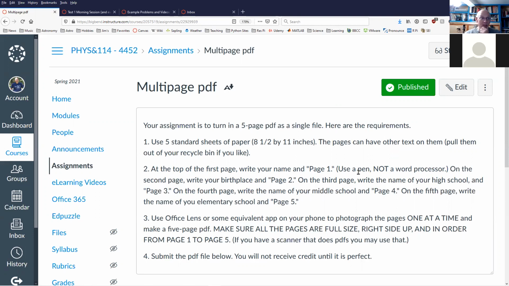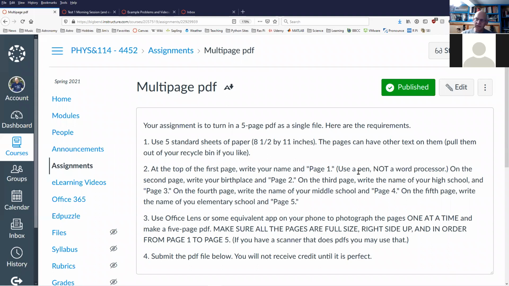And then you can use a scanner if you have one, but otherwise use an app on your phone. I recommend Office Lens because it's free, but photograph the pages one at a time, and don't exit out of the app in between the photographs.